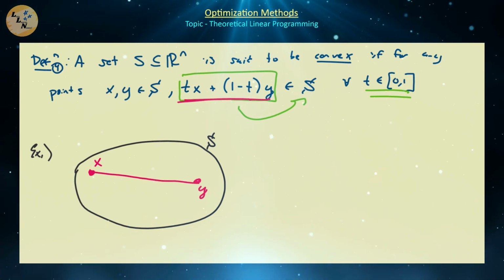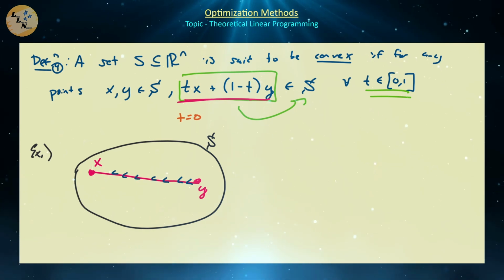For example, when t is equal to 0, notice that x disappears and we're just left with y. And when t is equal to 1, notice y disappears and we're at x. So what this does is it traces from y into x. And notice that every single point along that line, at least in this picture, also belongs to S.